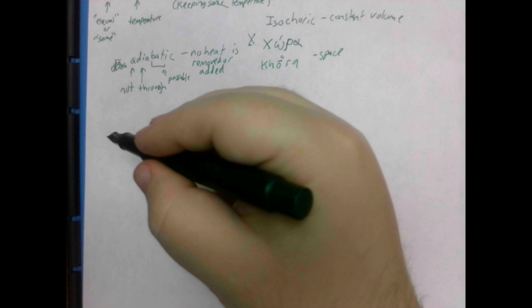And then we have surroundings. And this is everything other than our system. So here we have some system that we closed off, and then we have surroundings outside.